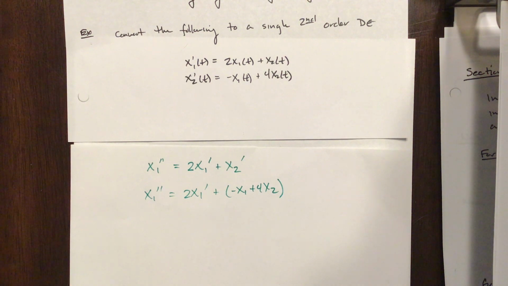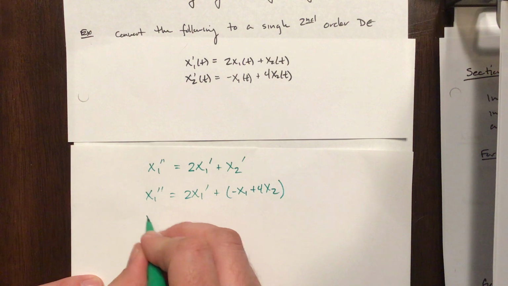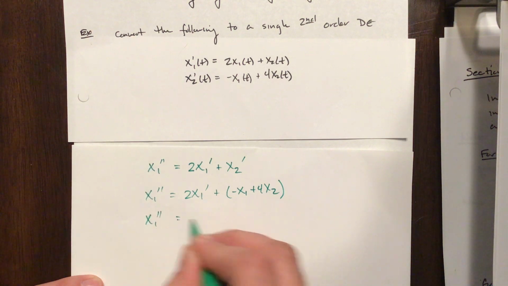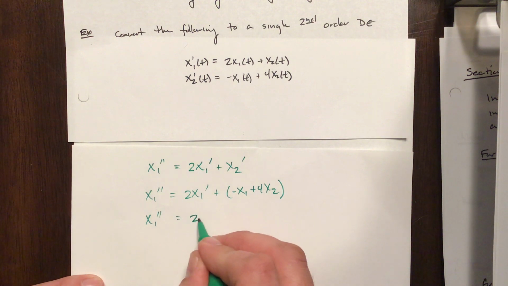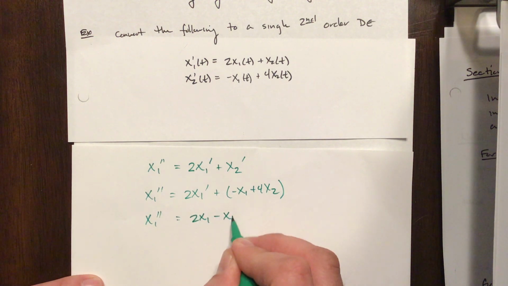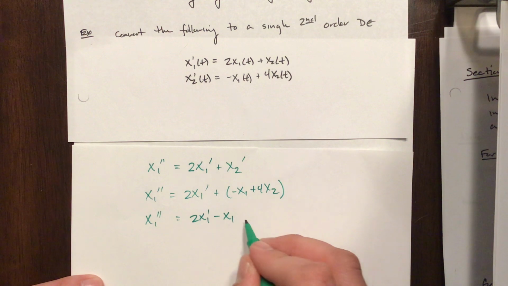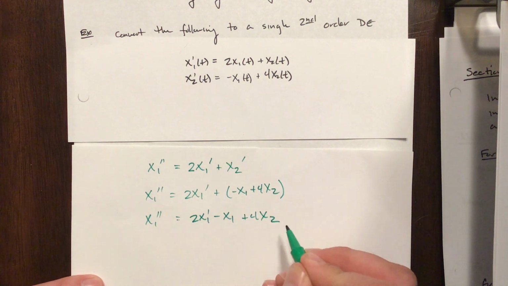That's kind of redundant. We don't need to know that they're functions of t. But I'm just being lazy with my notation here, and you can be lazy as well. That's x1 double prime is equal to, combining like terms, well, there aren't any like terms: 2x1 prime minus x1 plus 4x2.